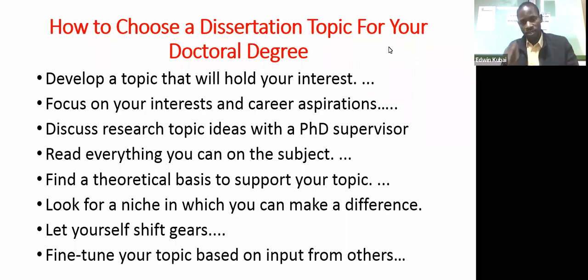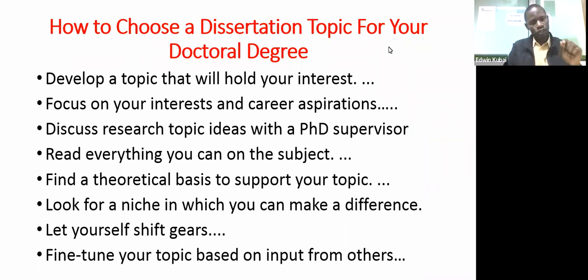And the supervisor should be somebody who is knowledgeable in the area where you have selected a specific topic of your doctoral degree. So that is very, very important. Make sure that there is coherence where you learn alongside the supervisor. You learn alongside other people. You don't learn alone. Yes, the topic is the one you are looking at, but there are other people who will want to make a contribution to that specific area that you are in.